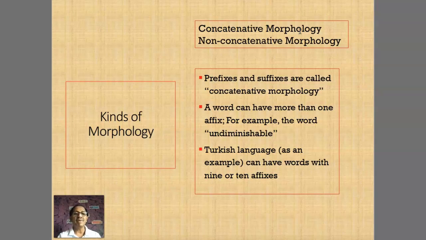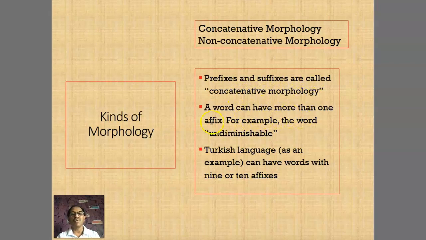It is basically by concatenation. You have another morphology called non-concatenative morphology, where concatenation doesn't take place. In fact, there are no prefixes, suffixes as such. The concatenation is different way. Okay, we'll look at them briefly here. Prefixes and suffixes are called concatenative morphology.